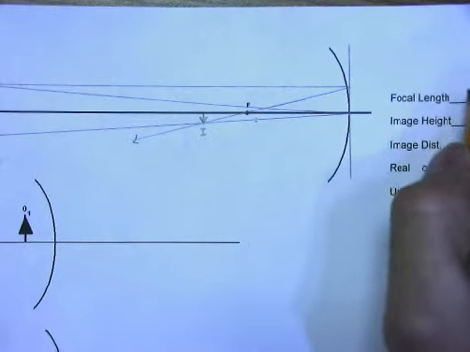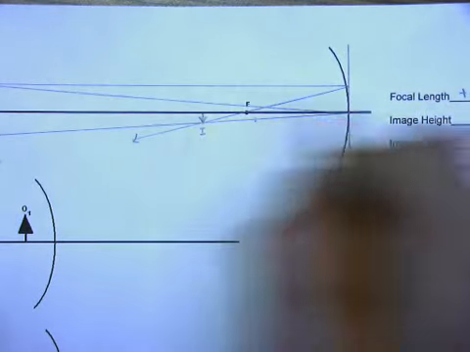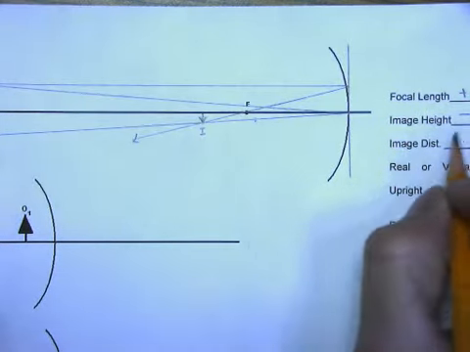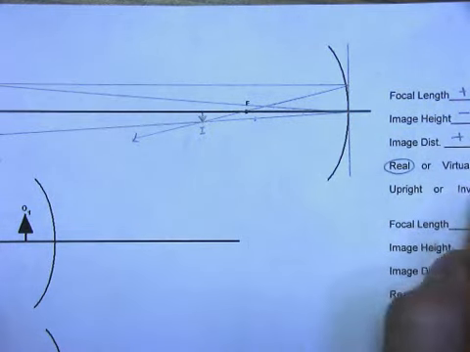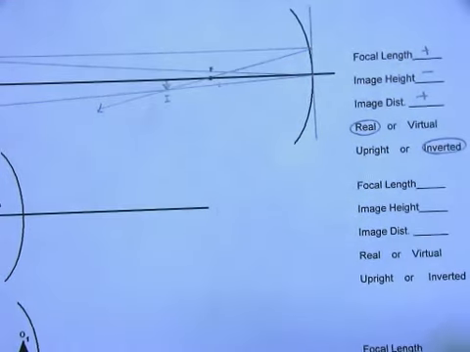The focal length here is positive. The image height, it's upside down. It's a real image, so it's positive, like that.